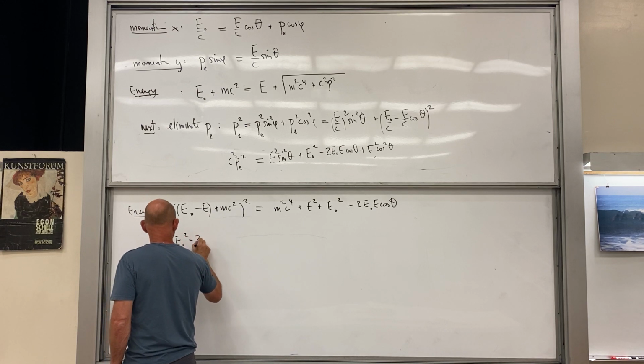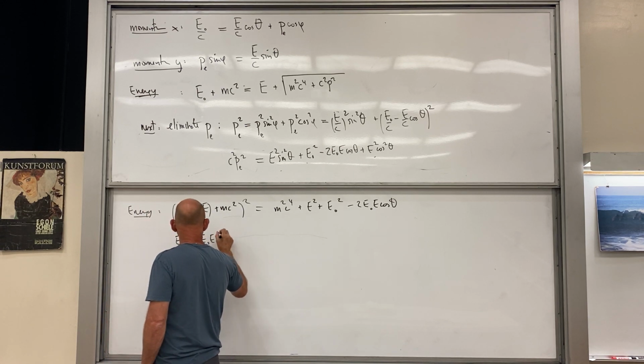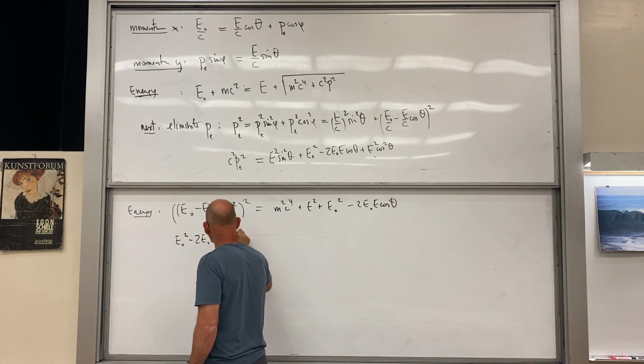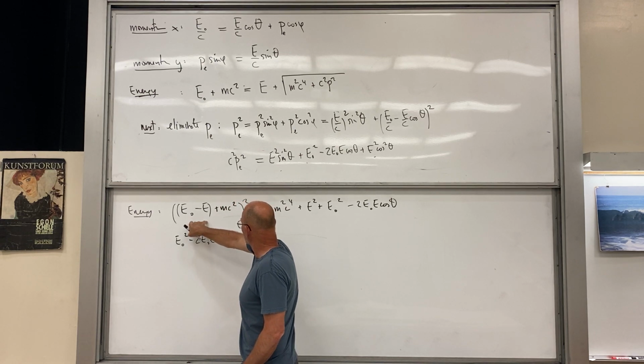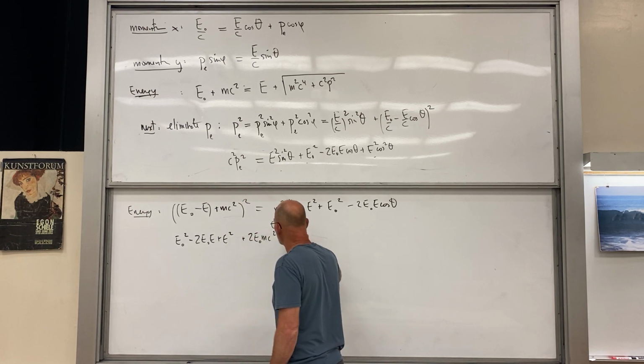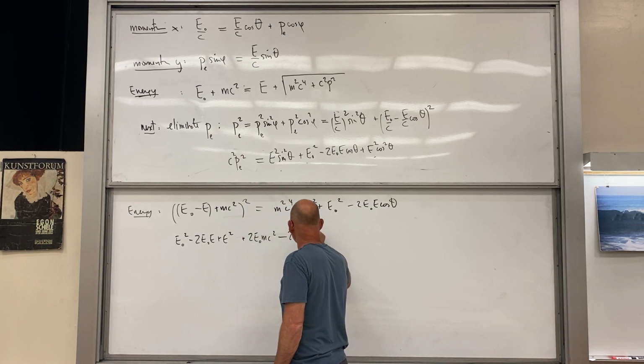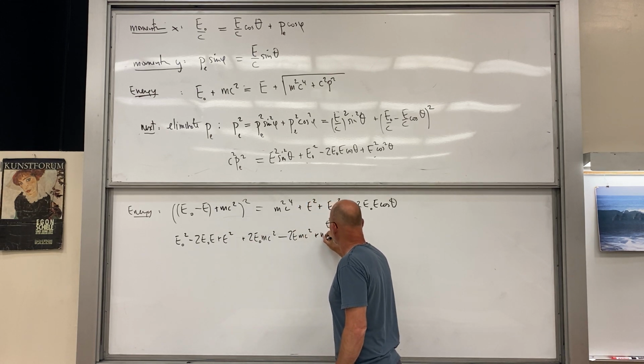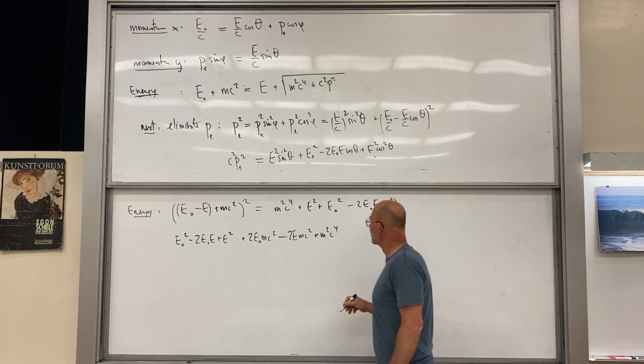e0 squared minus 2 e0 e plus e squared, squaring this, and then plus 2 e0 mc squared minus 2e mc squared plus m squared c to the fourth.